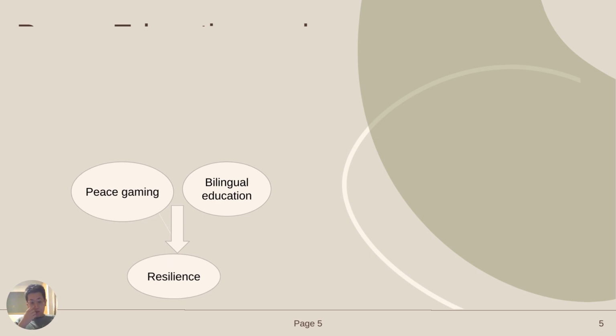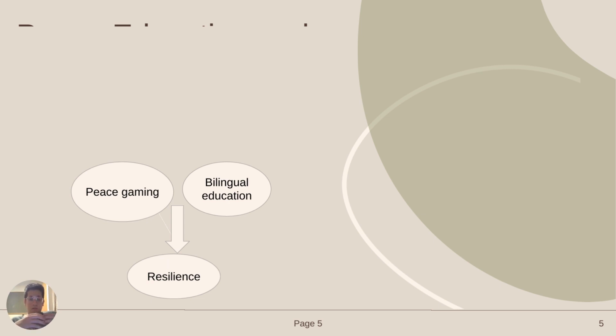And for the bilingual education part, the researchers are trying to observe how bilingual education reshapes the conflict between students from different ethnic and or religious groups. And according to both articles, their observations are quite identical.